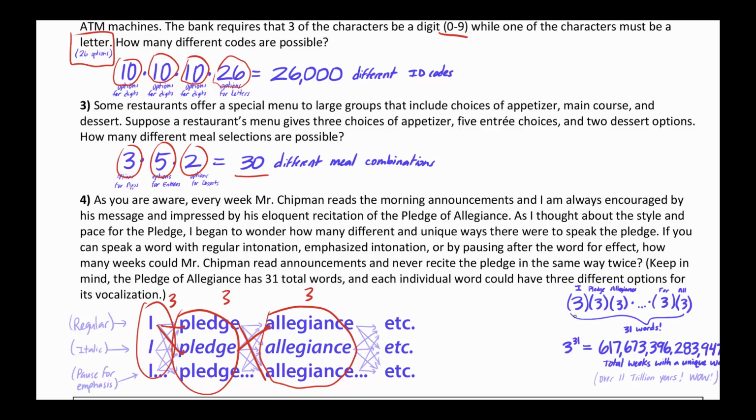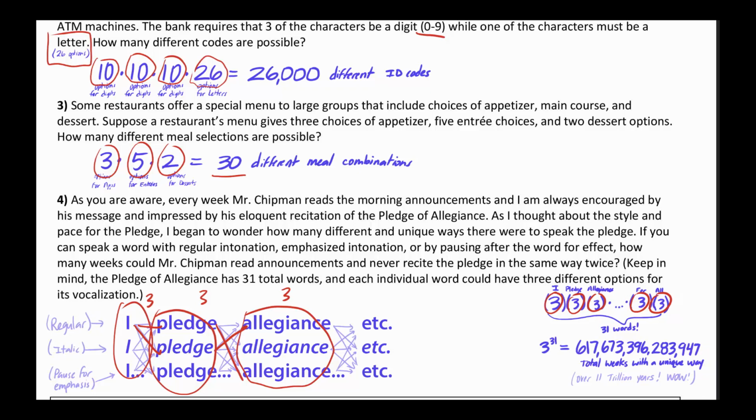Well, if we take 3 times 3 times 3 times 3 all the way out, I pledge allegiance, and then you end with for all, you get 31 words, which is 3 to the 31st power. That's a fairly big number. If you look over here, I wrote out the actual answer that you'd get, 617,673,396,283,947.